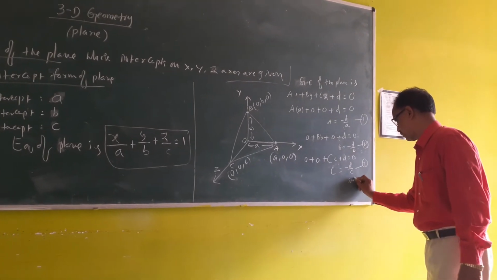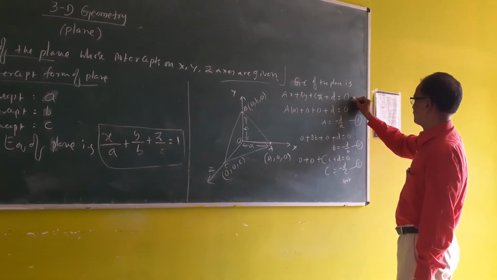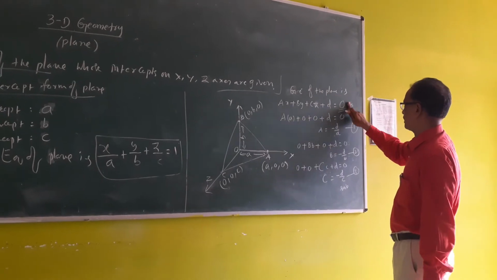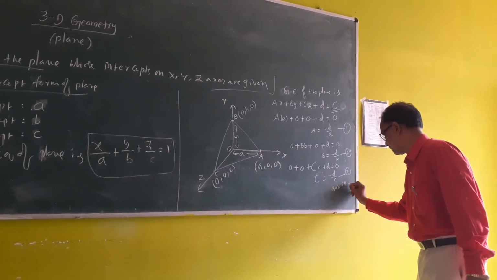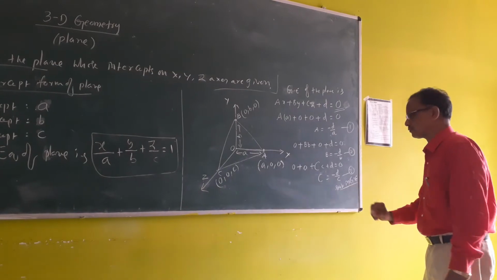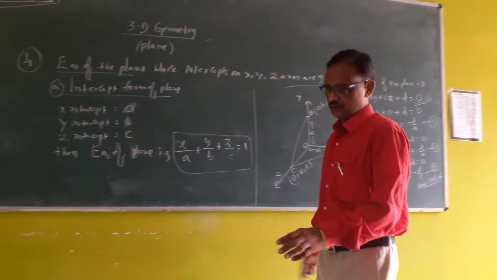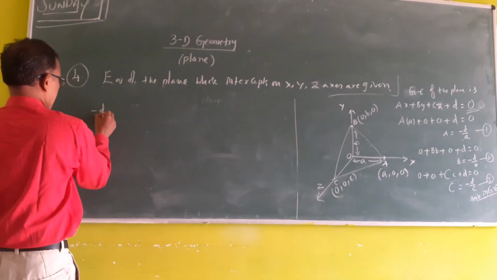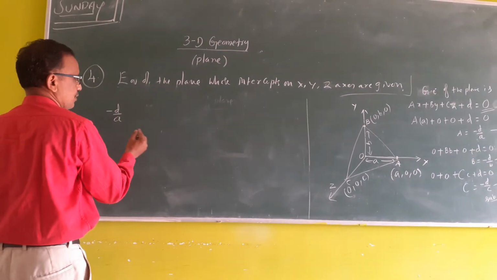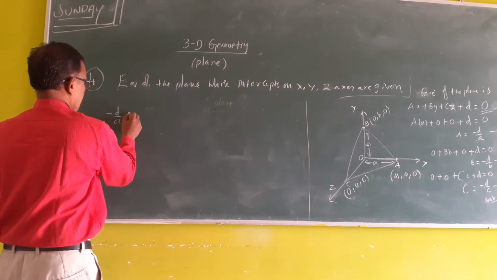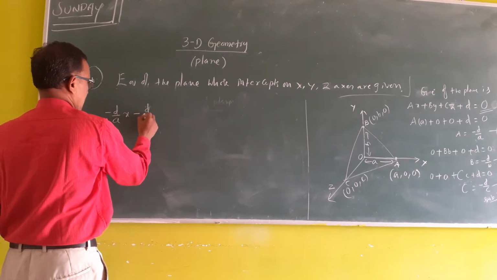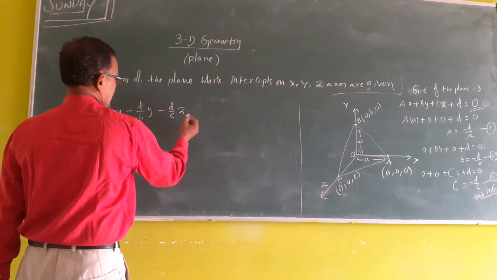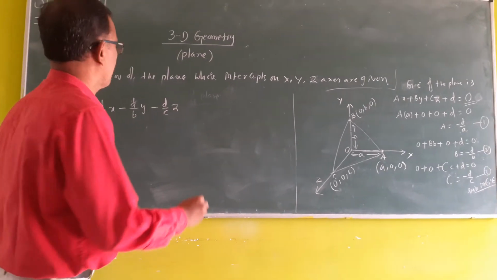Substitute in the general equation. The value of A is minus d by a, times x; the value of B is minus d by b, times y; minus d by c, times z; equal to minus d.